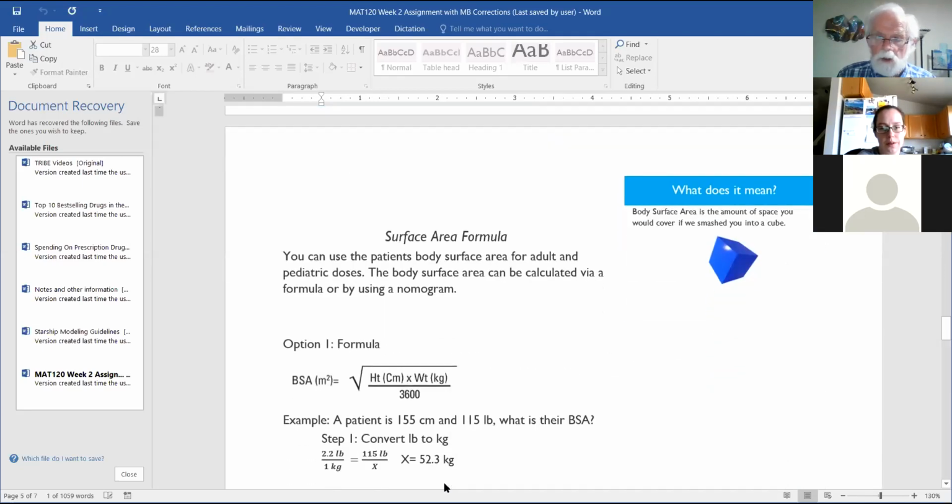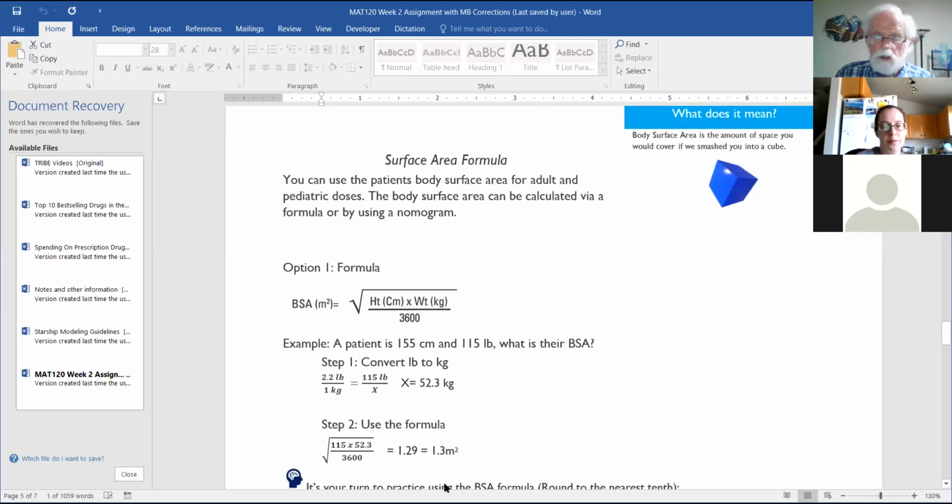Let's now look at the most accurate means of calculating a proper dose for either adults or pediatric patients, which is body surface area.